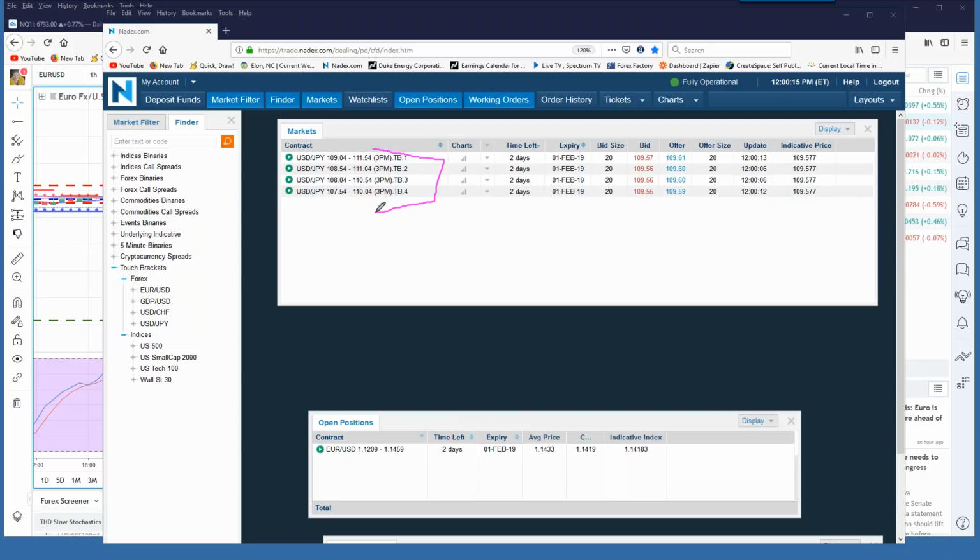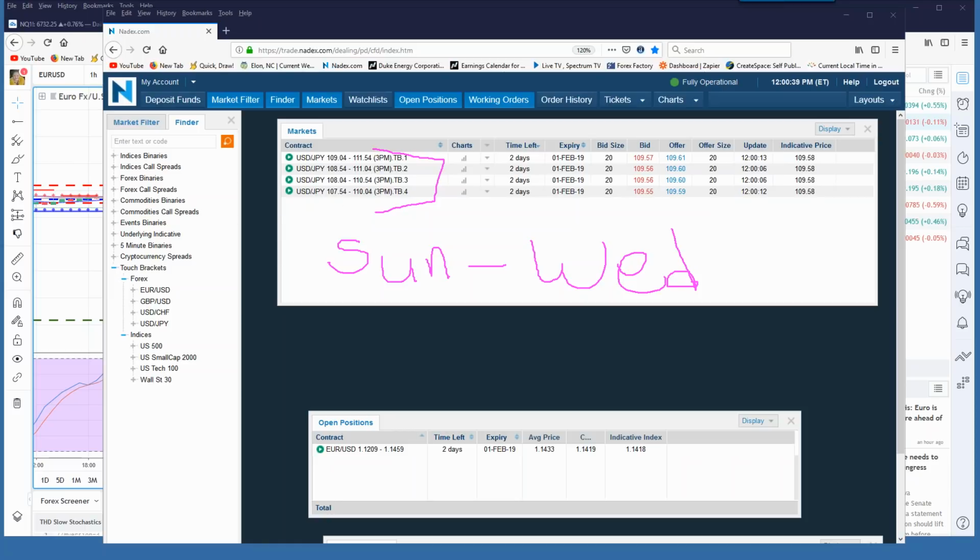From Sunday until Wednesday, it has not moved through the original 4 touch brackets. It has not moved beyond the scope of those 4 touch brackets.